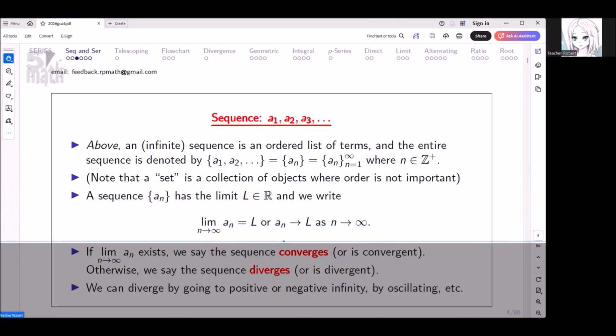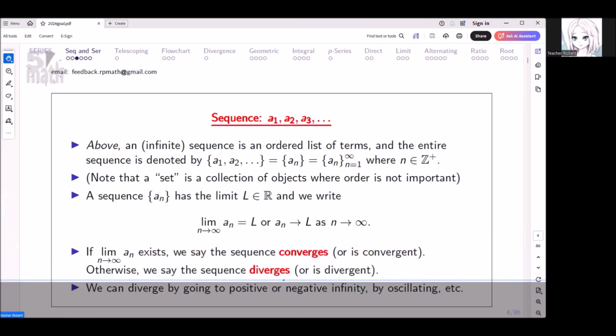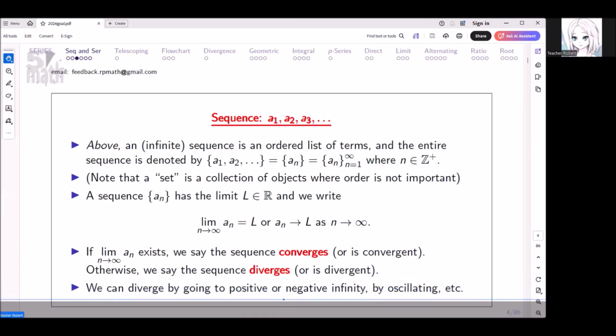A sequence an has the limit L in R, and we write limit n to infinity of an equals L, or an goes to L as n goes to infinity. If limit n to infinity of an exists, we say the sequence converges or is convergent. Otherwise, we say the sequence diverges or is divergent. We can diverge by going to positive or negative infinity, by oscillating, etc.